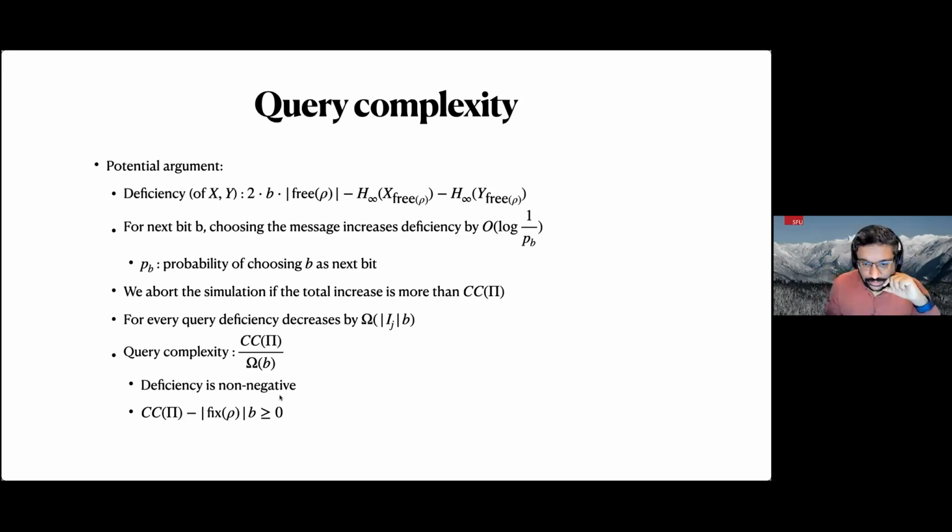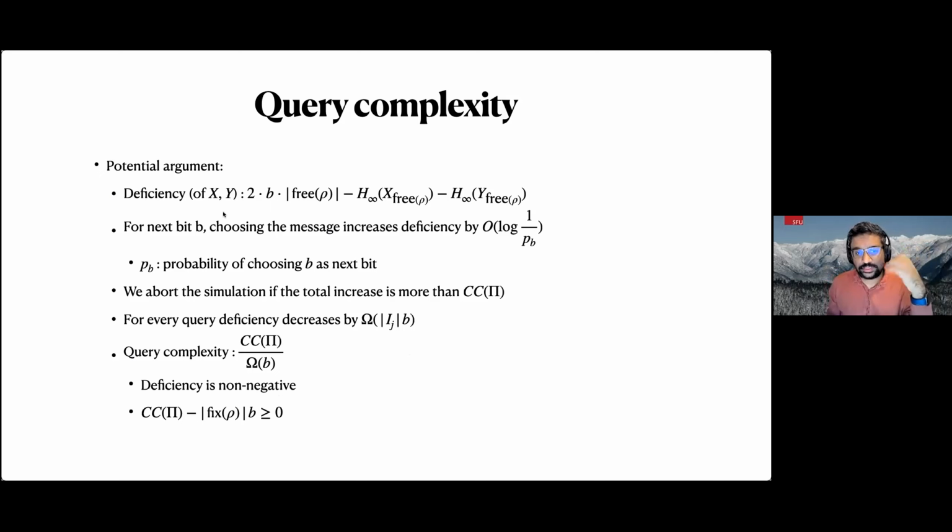I can do that after we discuss query complexity. So now, assuming that it's sort of correct, we need to show that the query complexity is communication complexity divided by theta of b, because both index and inner product on b bits have communication theta of b. This is what we need to show. To show this, we use a potential argument.